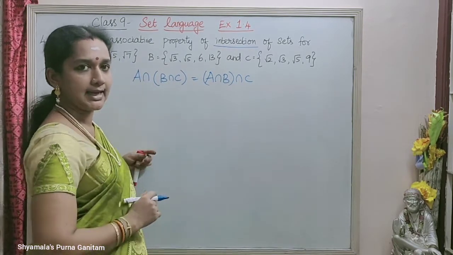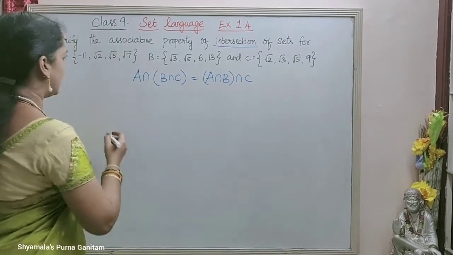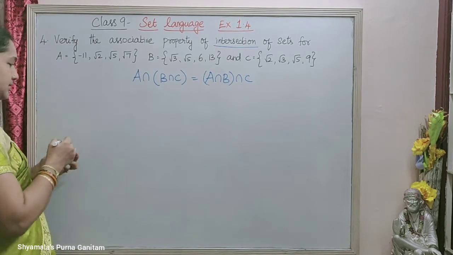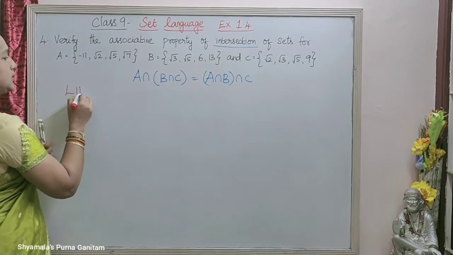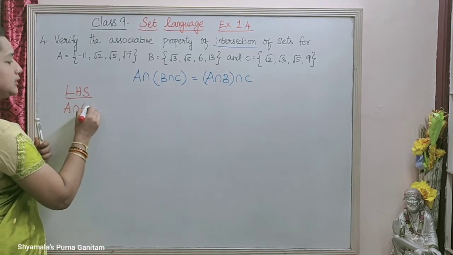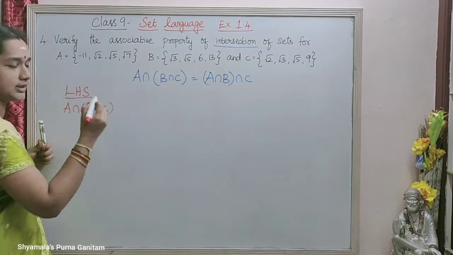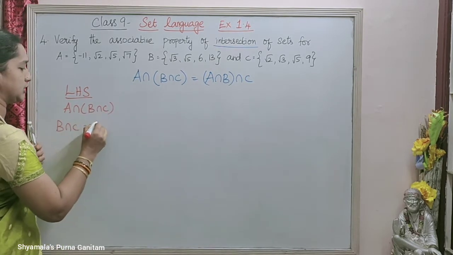That is the associative property that we are asked to verify. First we will take LHS. LHS is A intersection (B intersection C).